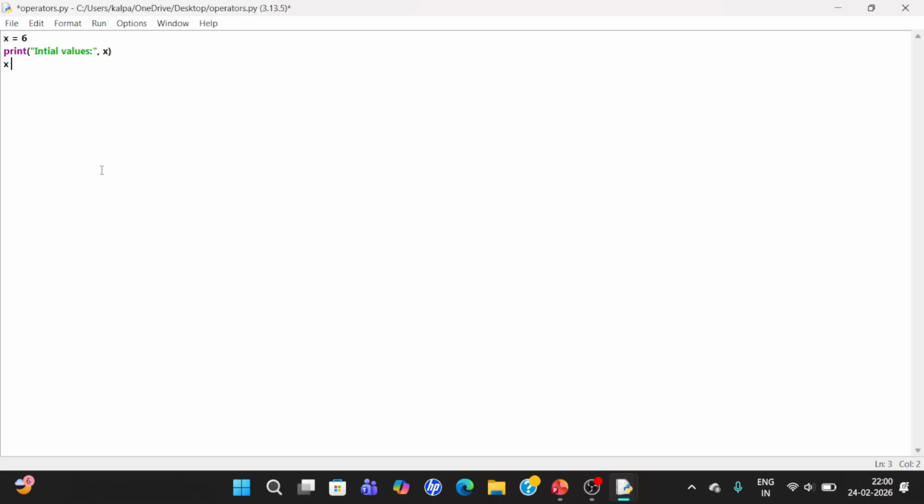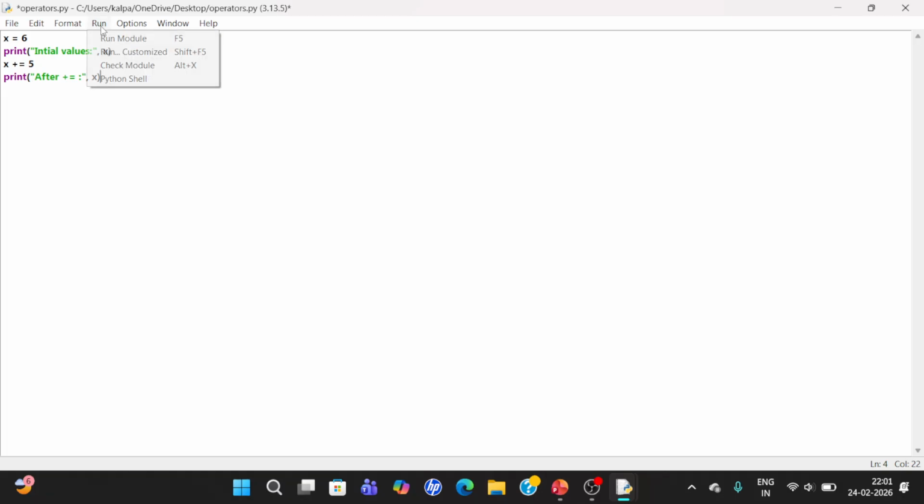Another one, x plus equals 5, and print after plus equals, comma x. Here x plus equals 5 converts into x equals x plus 5. We assigned x equals 6, so the output will be 11.